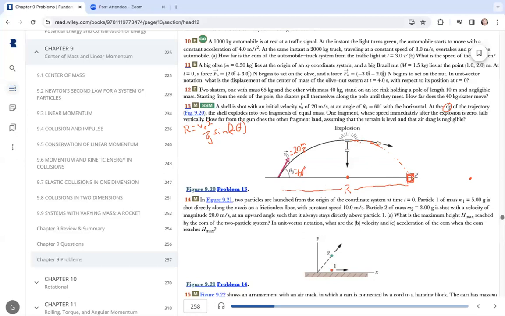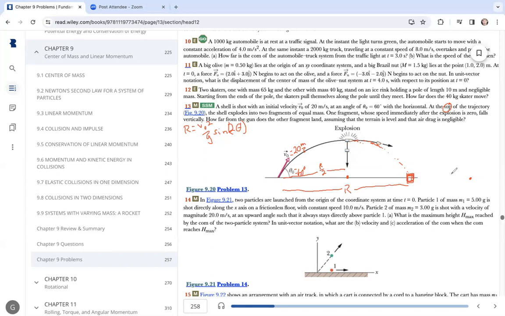That's where the piece should have landed if there had been no explosion. So this value right here, that value is half of R. Okay, so it lands at half what that distance is. So you should be able to figure out what this R is and then figure out what half that is. And that's where this piece lands.